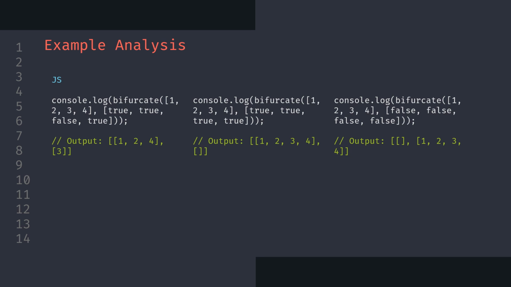For the third example, with the filter of all false, all elements go to the second group, resulting in none for the first group and everything going into the second. These examples demonstrate how the filter controls the grouping process.